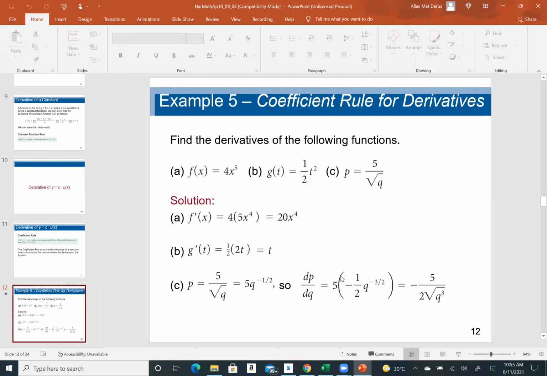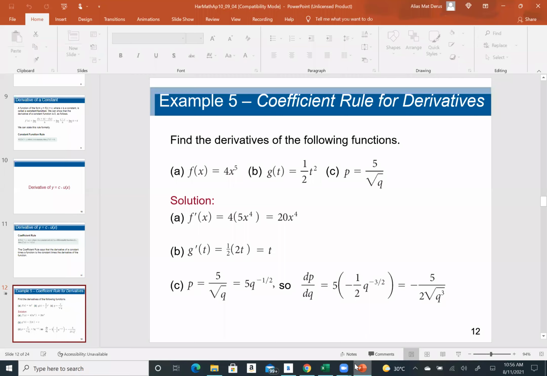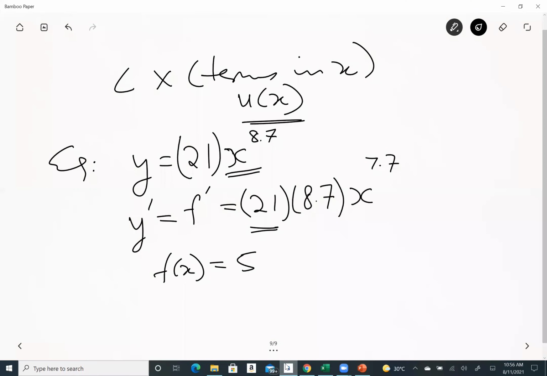All right. So what they do, they put a bracket on the derivative. You can also do like this. But I didn't put the bracket on the derivative, I just put a bracket on the constant. So if we have that thing, let's say I use f of x, let's say f of x equal to 5 Q to the power of negative half.